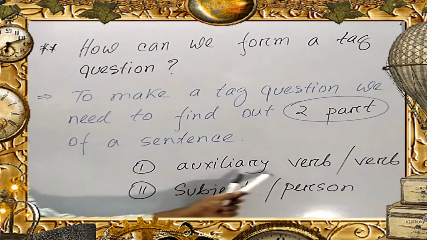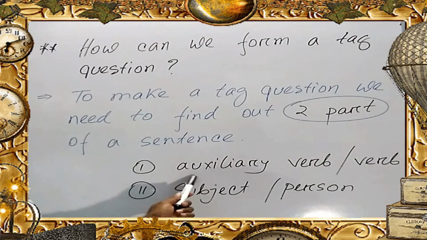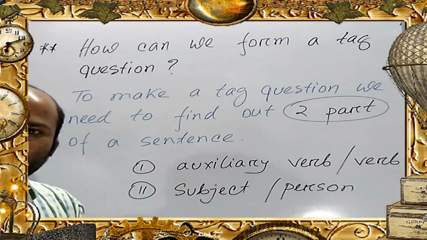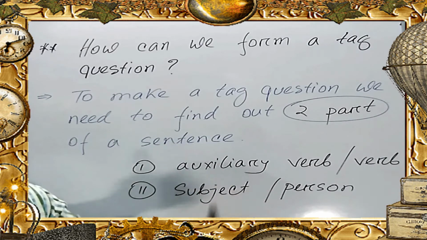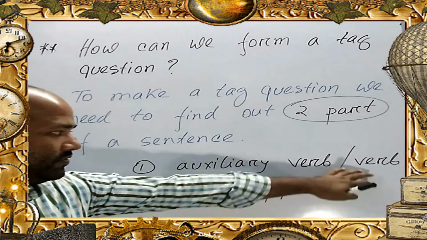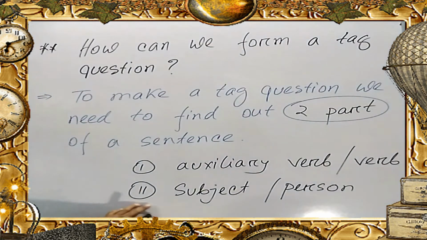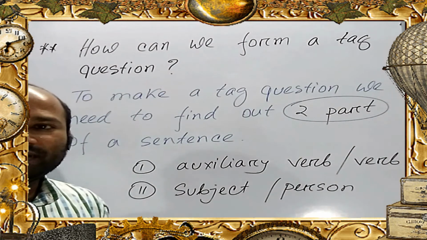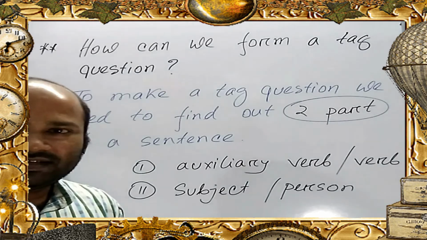First of all, auxiliary verb or verb. If a sentence has an auxiliary verb, that must be carried on, but if this sentence doesn't have any auxiliary verb, you have to find out the verb. Then you have to find out subject or person. Who is the subject of this sentence.